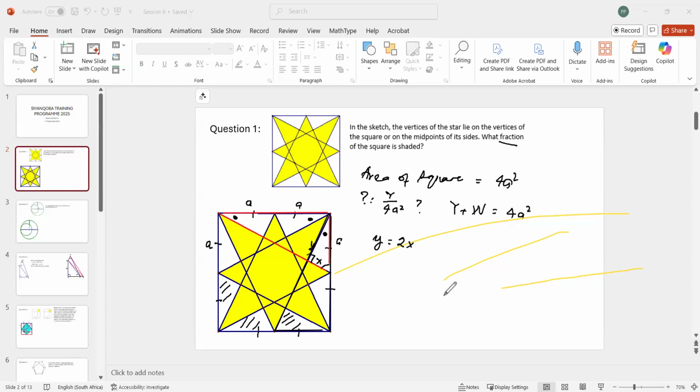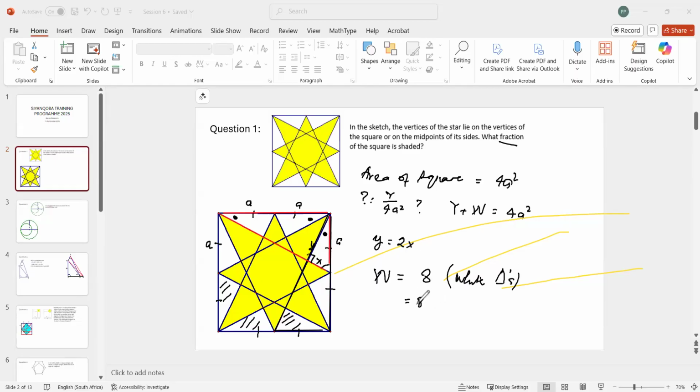Right. So therefore, the W, the white part, is 8 of the white triangles. And now we know what the area of the white triangle is.